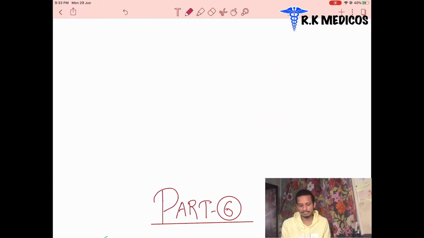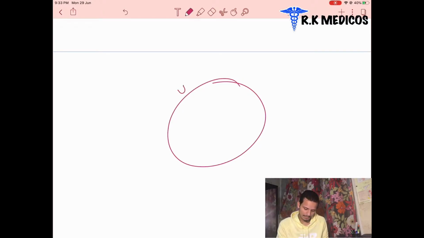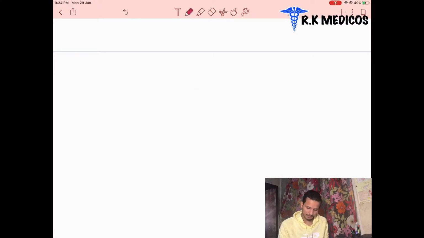That's all. Once again, the other one is the G protein coupled receptor. Suppose this is the cell. On the cell surface this type of receptor is present. They pass through the membrane 7 times: 1, 2, 3, 4, 5, 6, 7.